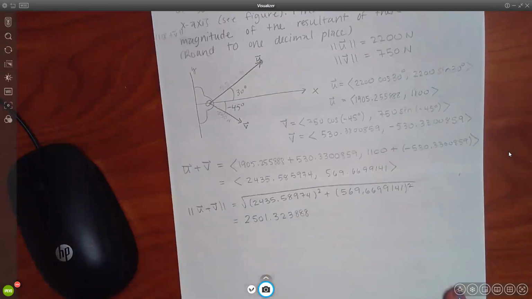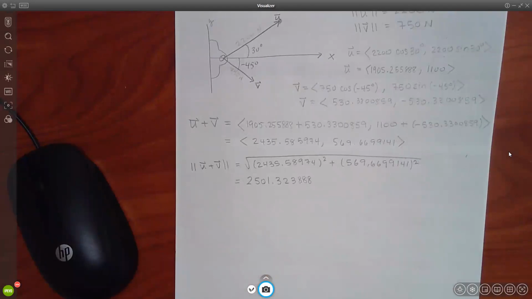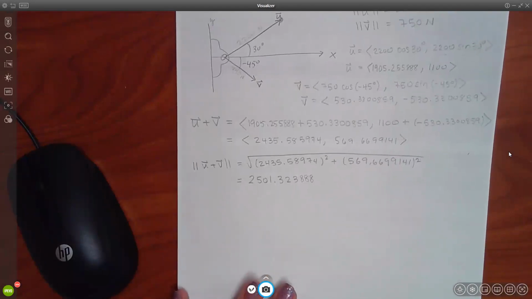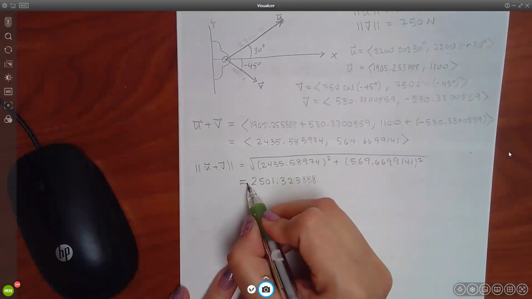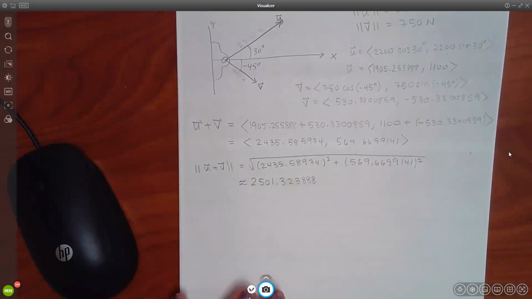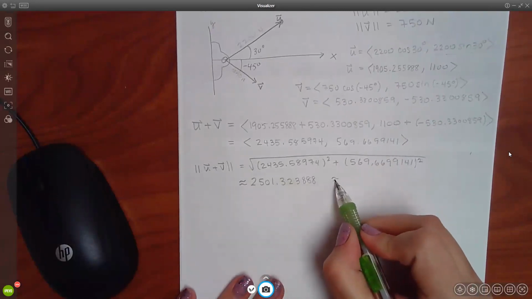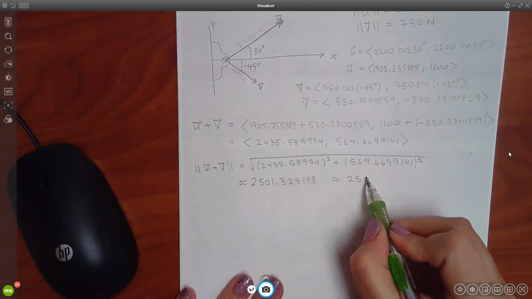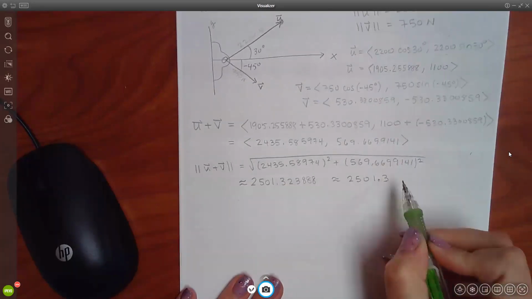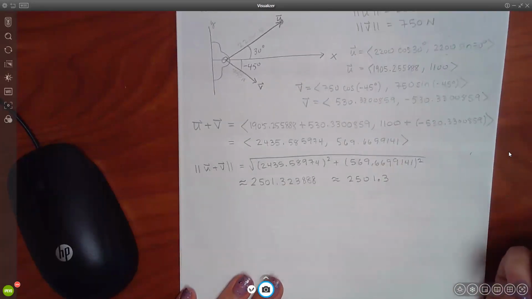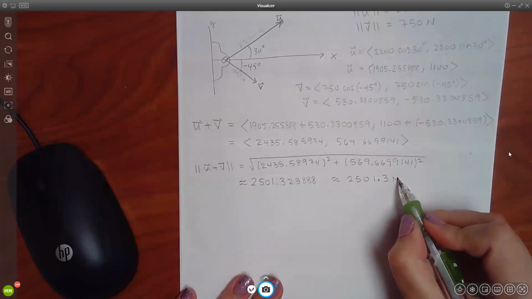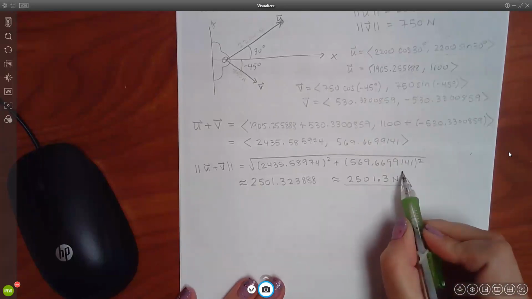So this is what I get when I do that whole thing, the square root and everything, in my calculator. And it's asked to round to one decimal place. So this would be 2501.3. And since the other magnitudes were in newtons, this magnitude is going to be in newtons also.